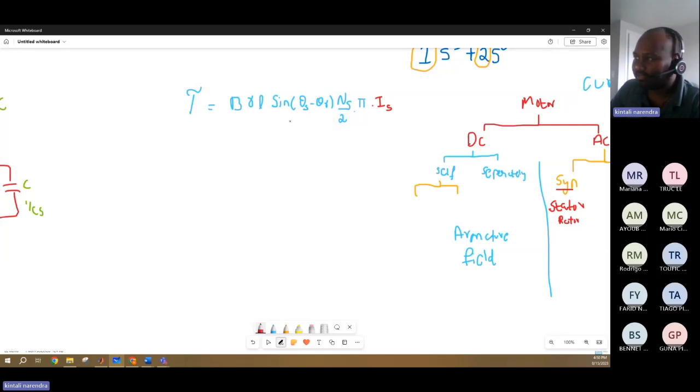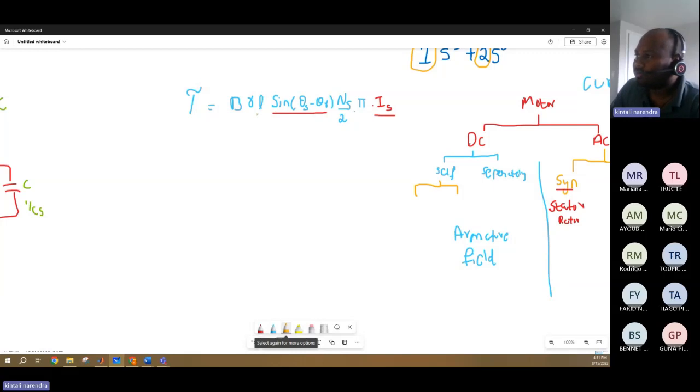If the motor is built and you have a fixed power supply, everything in this equation is constant except two things: sine of theta S minus theta R, and the current Is which you are providing to the stator.